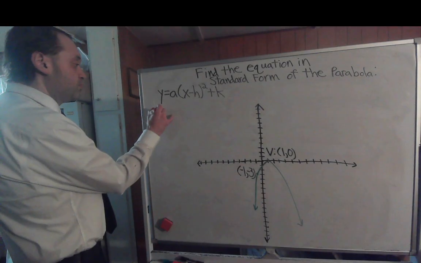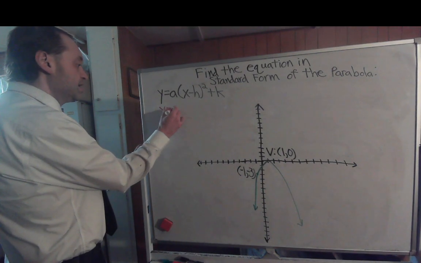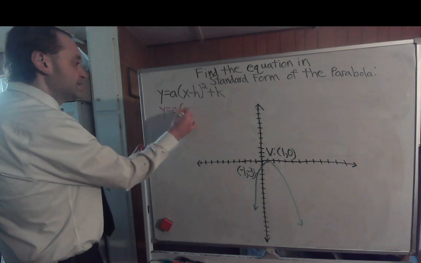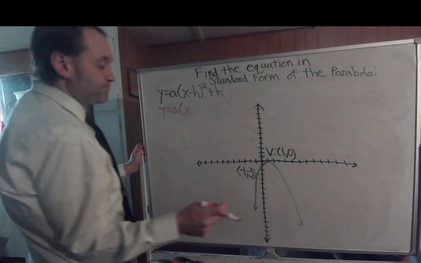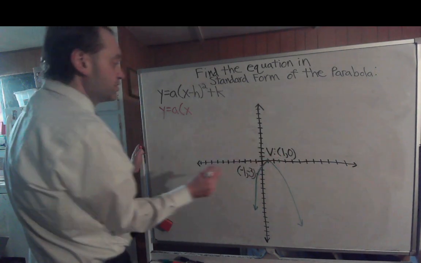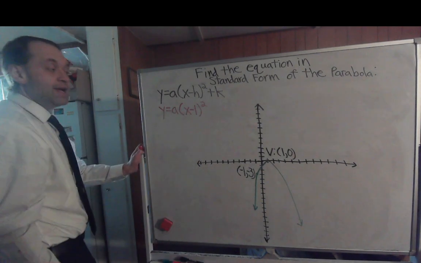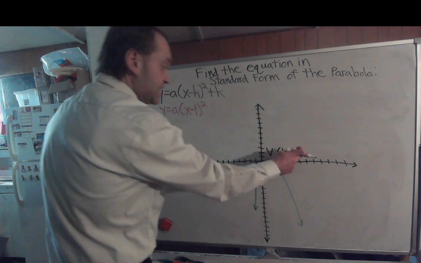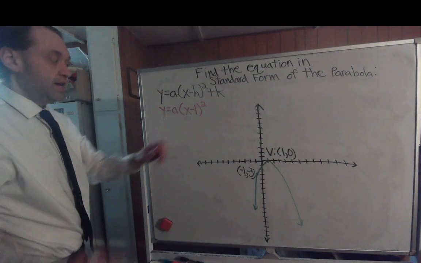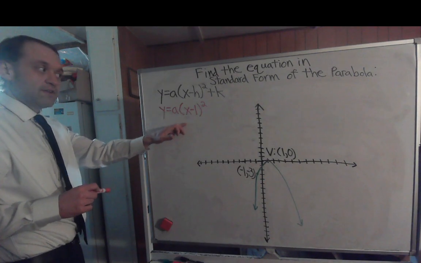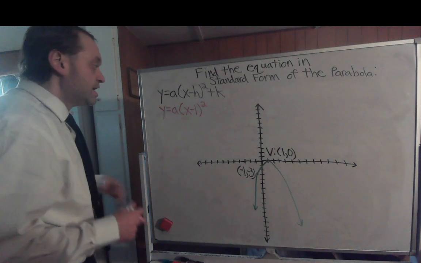So you would have y equals a times the quantity of x minus, what's the x coordinate of your vertex? 1. So that'd be x minus 1, that quantity squared. Now the y coordinate of the vertex is at 0, so we don't have to put anything for k. We literally just have y equals a times the quantity of x minus 1 squared.